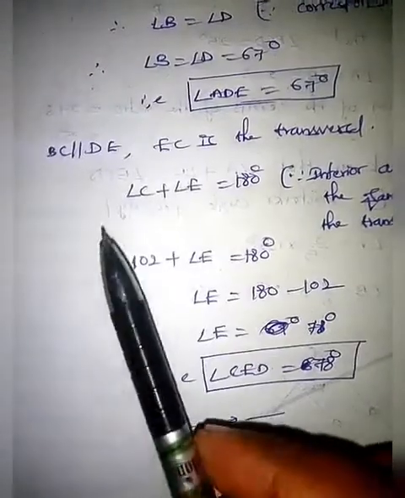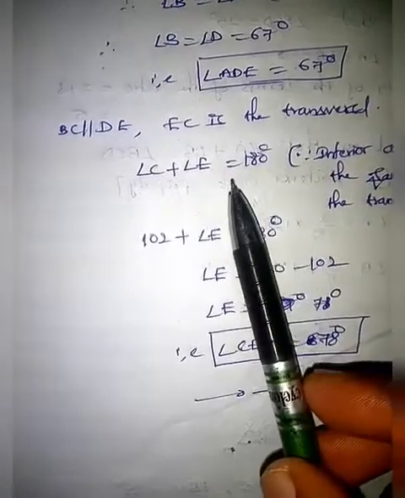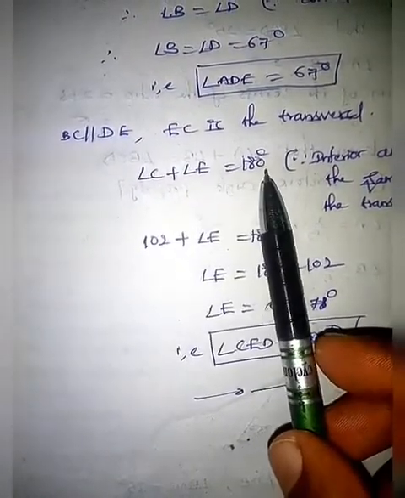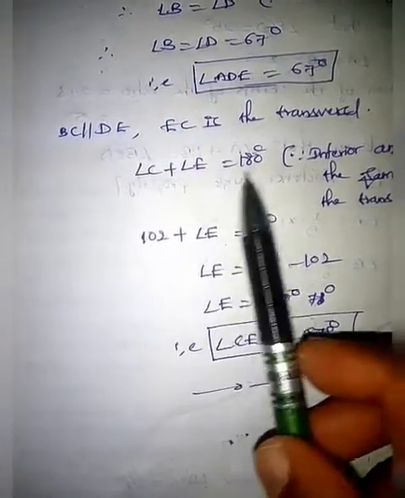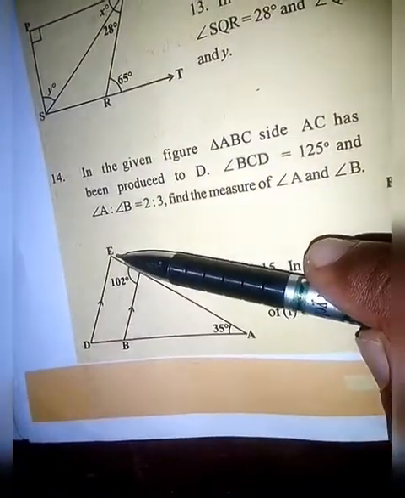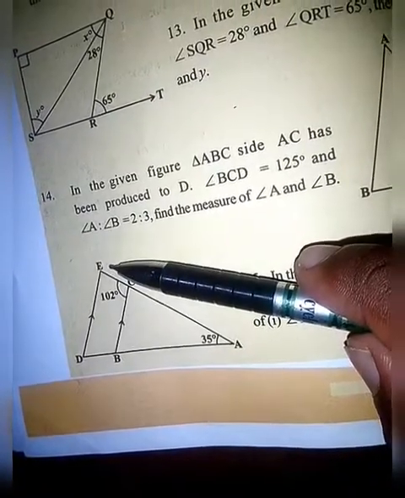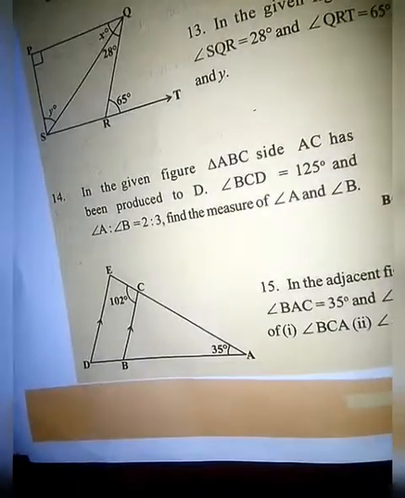Look here, BC is parallel to DE and EC is the transversal. That's why angle C plus angle E is equal to 180. So you can solve in this way also, because angle C and angle E are two interior angles on the same side of the transversal.